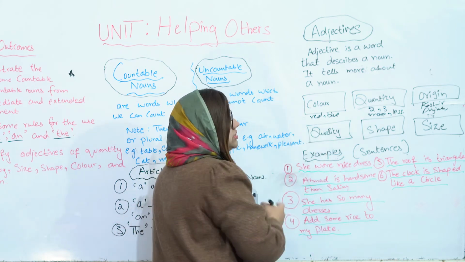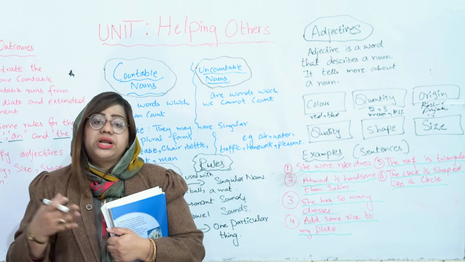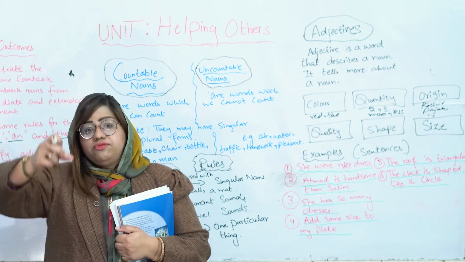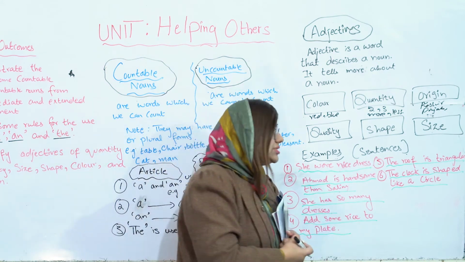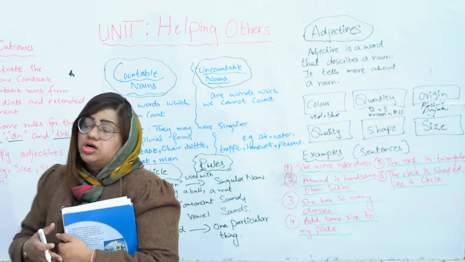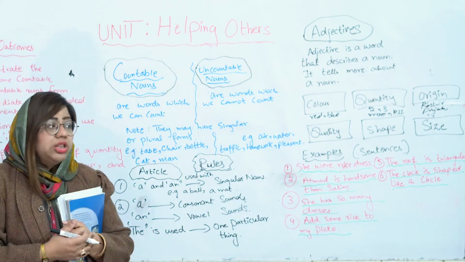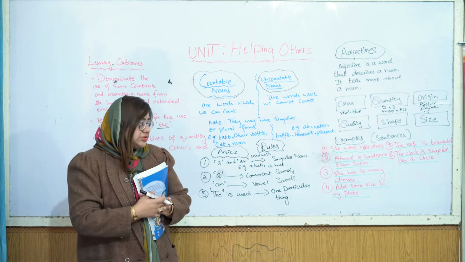These are the qualities. When we are talking about shape, like circular, triangular, rectangular, long, lengthy, short. And the sizes are obviously long, short, big, small. These are the sizes in which you are describing other things.